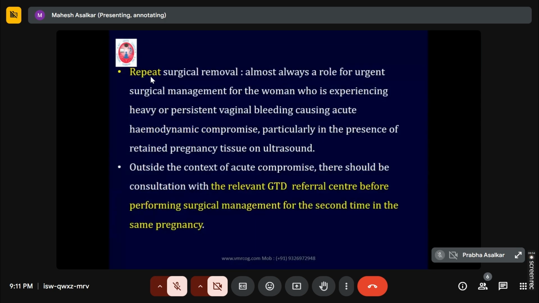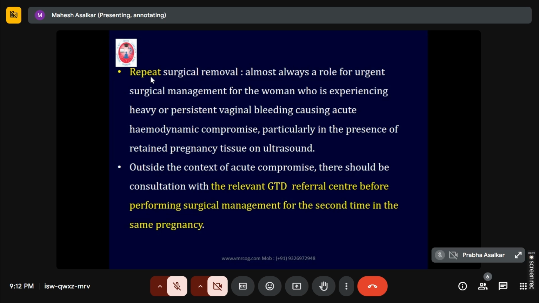Now, what about repeat surgical curettage? There is a role of urgent surgical management for women who are experiencing heavy or persistent vaginal bleeding causing acute hemodynamic compromise, particularly in the presence of retained pregnancy tissue on ultrasound. Suppose you have done a suction curettage, then when will you do the repeat curettage?